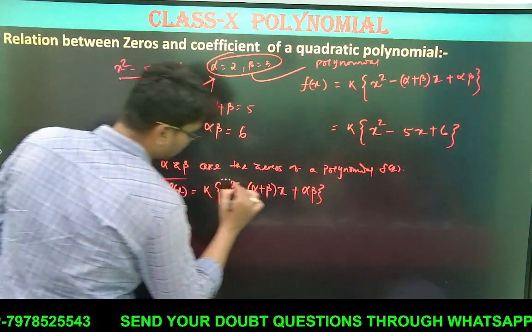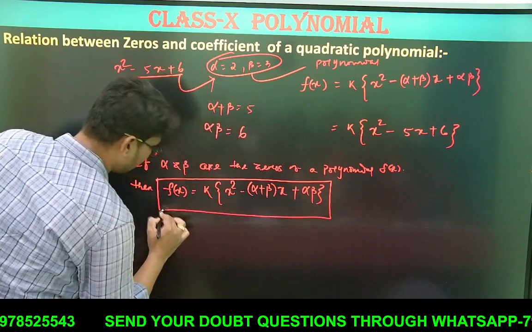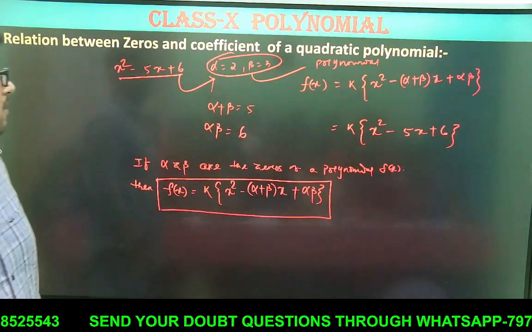This is the polynomial. If zeros are given, we can write a polynomial.